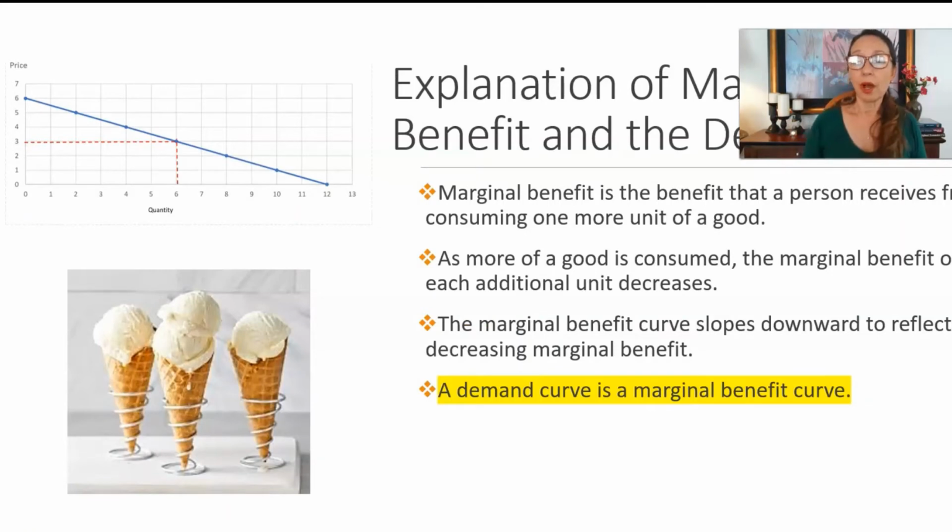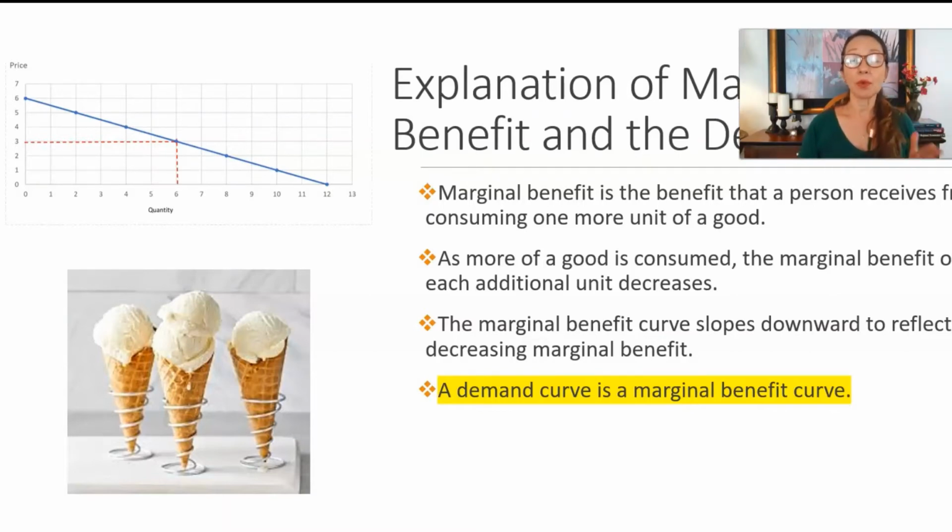So this we call marginal benefit and the demand curve. The marginal benefit is the benefit that the consumer receives from consuming one more unit of a good or a service. The word marginal always means one more.